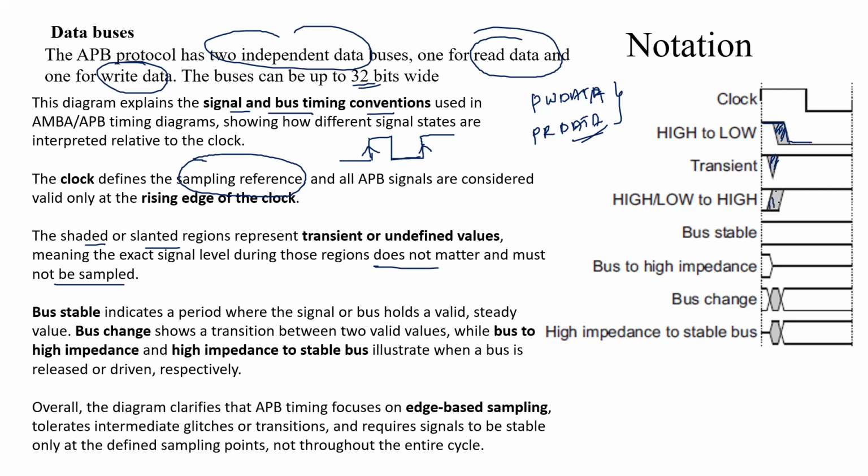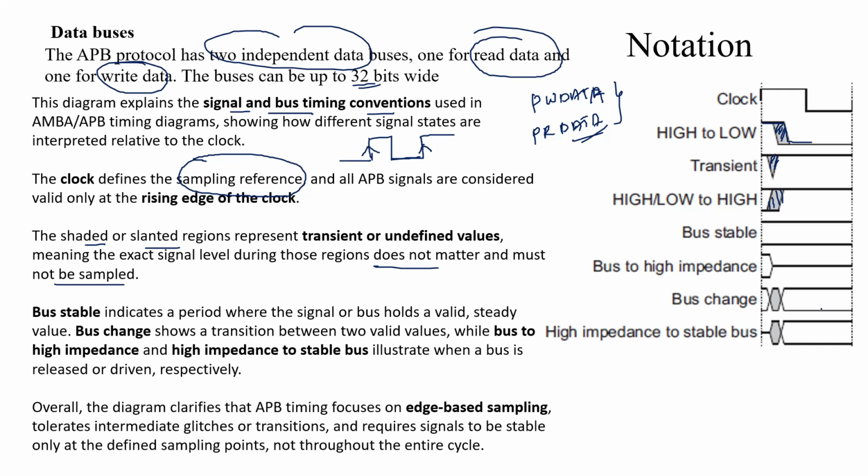There is a garbage value here, so it does not matter. If you sample the data at that time, no problem, and if you are unable to sample the data, that is also not a problem. That is the transient region, and this shaded region represents the transient or undefined region.